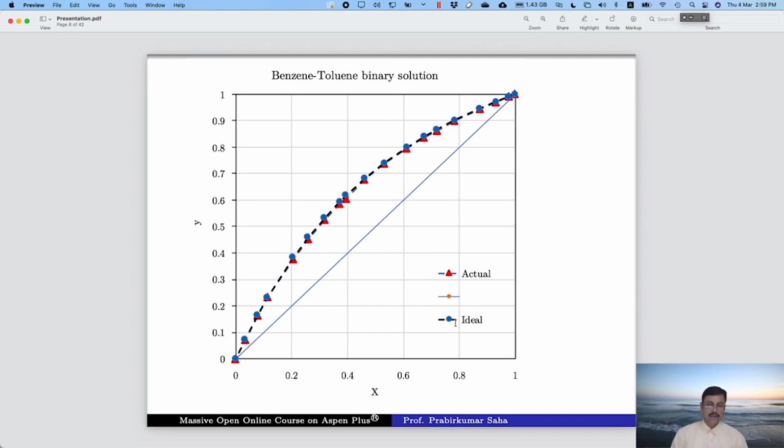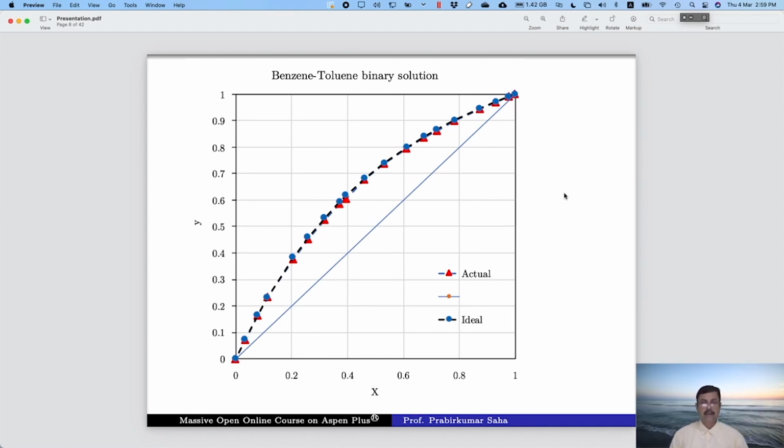So you can understand that the experimental result and the ideal model behavior almost superimpose on each other. So we can say that the benzene-toluene binary system demonstrates ideal behavior.